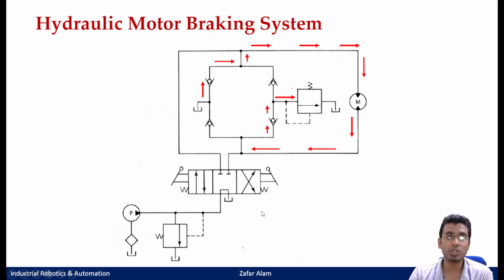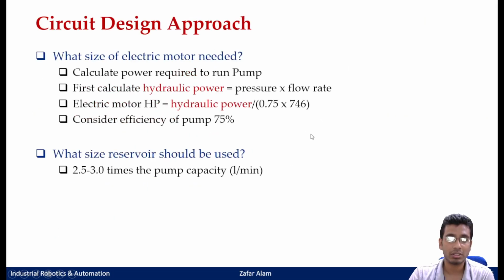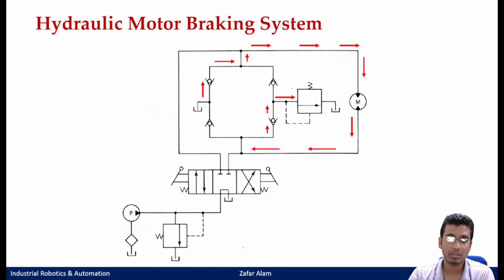Now say your motor was running in the opposite direction, say anti-clockwise. Then what would happen in this case? It would again take this path. Suction would start from here, since this is your check valve that has free flow in this direction, so the liquid will come here, come all the way like this, go through the motor in this direction.